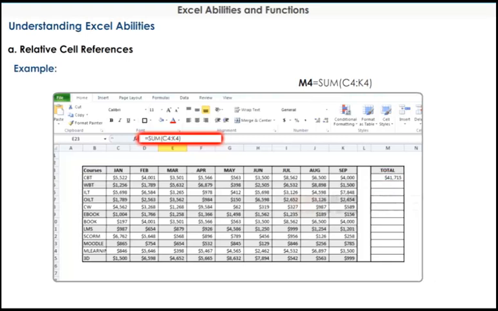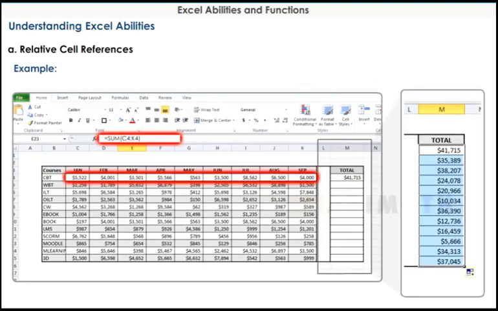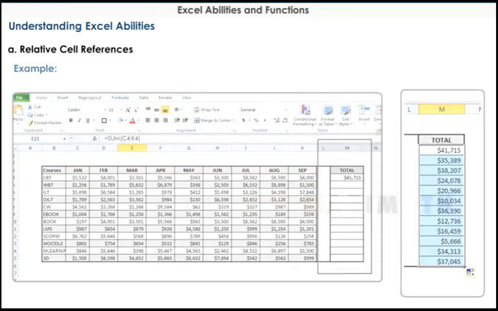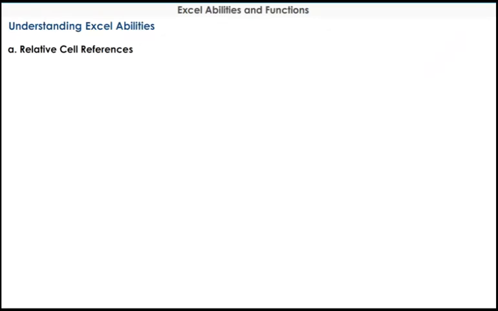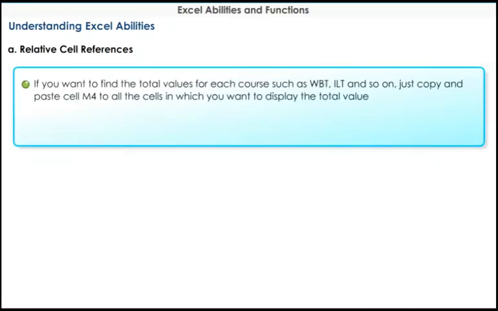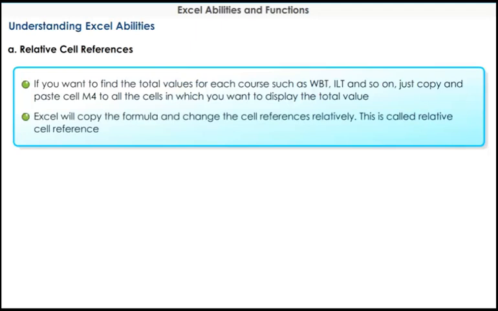That is, M4 = SUM(C4:K4). If you want to find the total values for each course, such as WBT, ILT, and so on, just copy and paste cell M4 to all the cells in which you want to display the total value. Excel will copy the formula and change the cell references relatively. This is called relative cell reference.